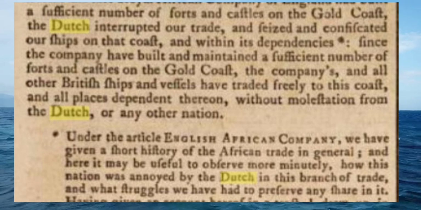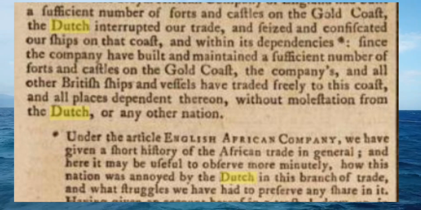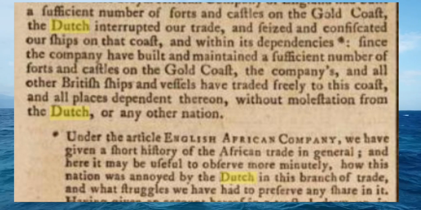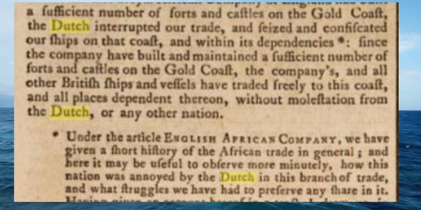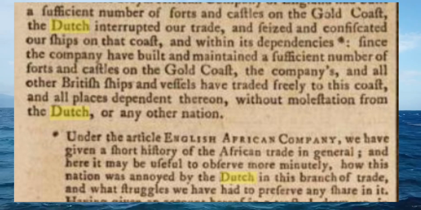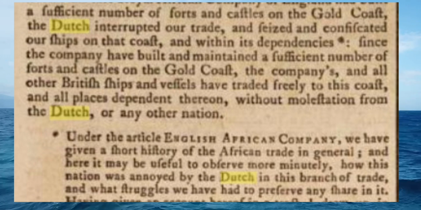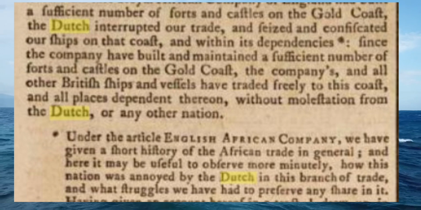its dependencies, since the company have built and maintained a sufficient number of forts and castles on the Gold Coast. The companies and all other British ships and vessels have traded freely to this coast, and all places depending therein, without molestation from the Dutch or any other nation.